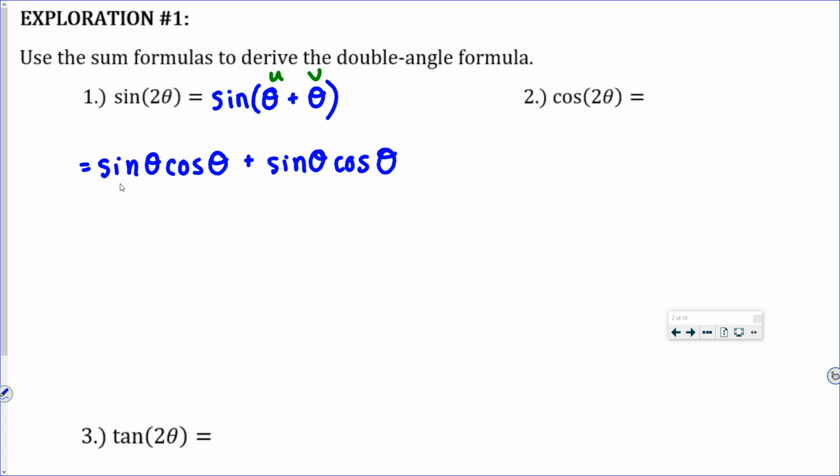So if I have 1 sine of theta times cosine theta plus 1 sine of theta times cosine of theta, we have 2 sine of theta cosine theta. Do you guys see how that's the double identity for sine? 2 sine u cosine u. There's where it comes from.